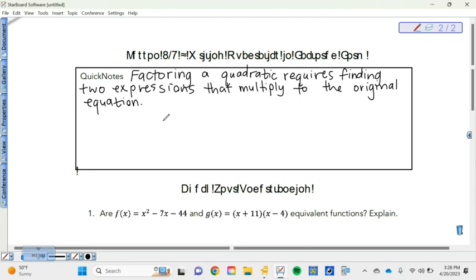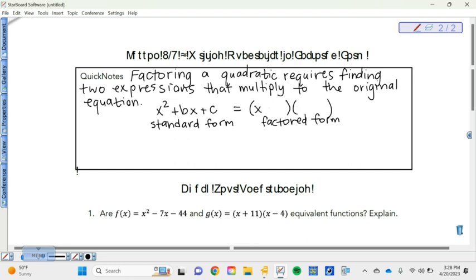So just like we saw on the other side, we're going from our standard form to factored form. Right, and as we saw on the other side, it might not just be plus, it could be plus or minus.